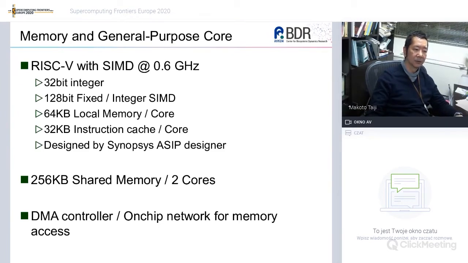We have 64 kilobytes of local memory and 32 kilobytes of instruction cache per core. Our core is designed with Synopsys ASIP Designer. Actually, our processor core is not fully compliant with RISC-V, so some instructions are not implemented. We have embedded 256 kilobytes of shared memory per two cores, a DMA controller, and an on-chip network.